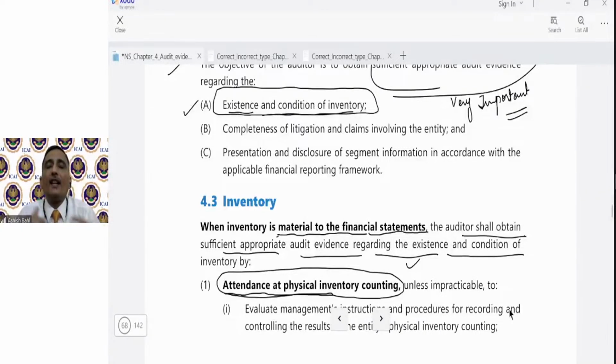Whatever program management has devised, you shall also evaluate whether this type of program is proper in view of the nature of the business of the company, and whether it takes into account all the aspects, the different types of inventories that can be there in relation to the company and the kind of business it is in.